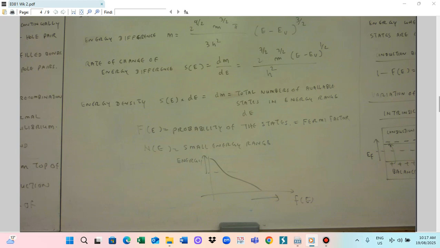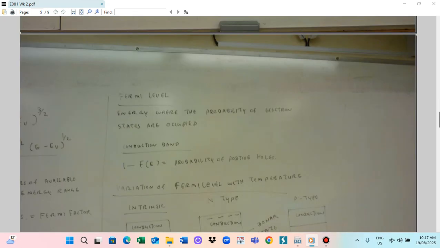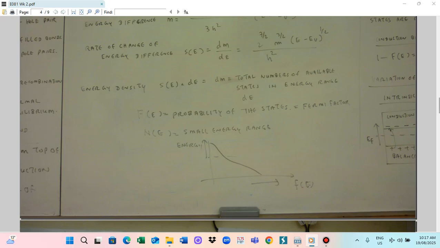So now we can draw. This means we can also calculate the Fermi factor. For this we draw the graph, with the energy on one axis and horizontally the FE, the probability.